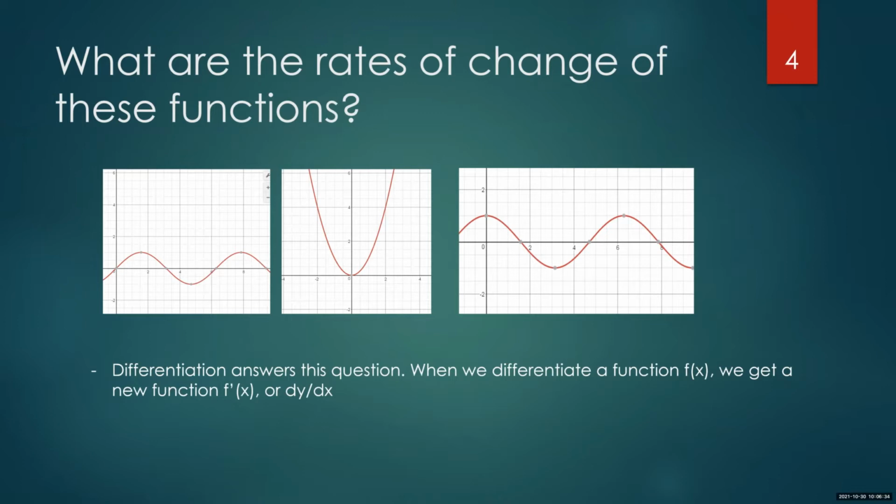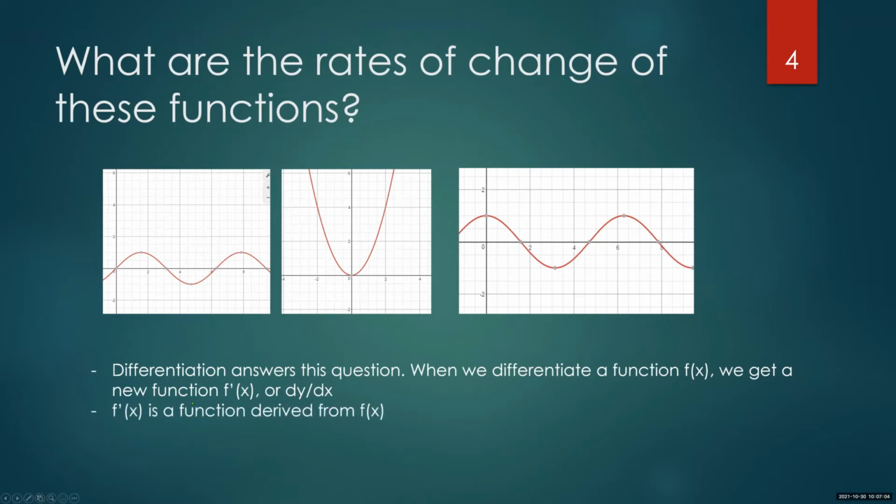When we differentiate a function f of x, we get a new function f dash of x, which is also called dy dx. There are some different notations there, and we'll go through that in more detail as we go along. But for now, all you need to know is f dash of x and dy dx are the same thing, and both are a function that gives you the slope of the original function.